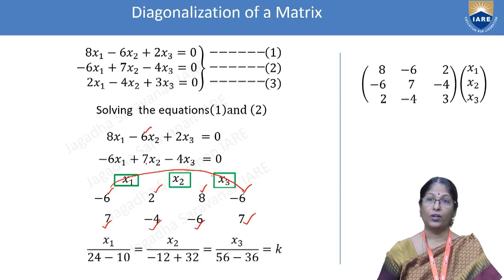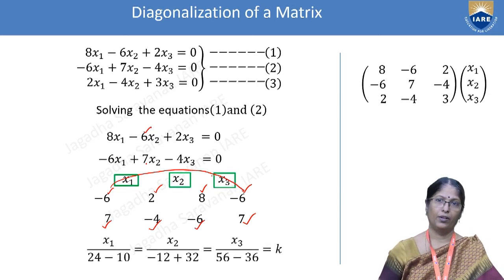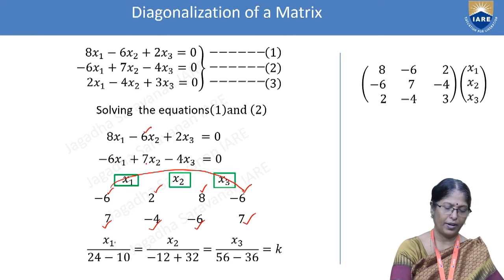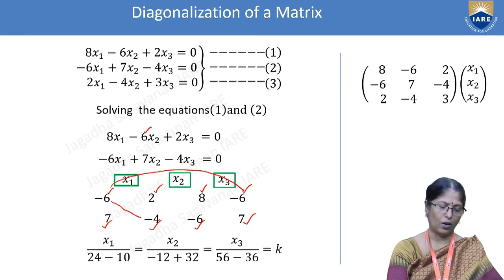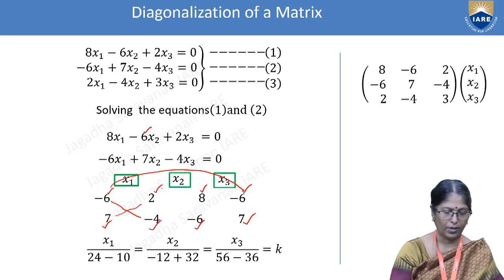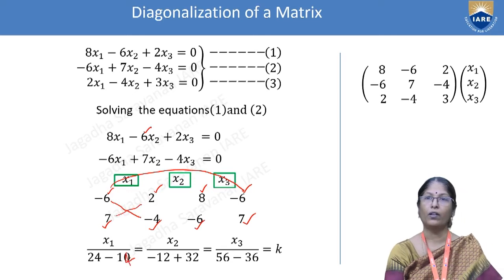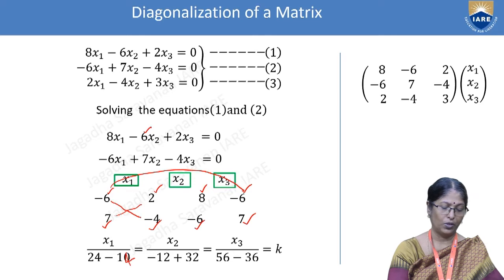We will do the cross multiplication. That is x1 divided by this cross value: minus 6 into minus 4, 24, minus of this cross. Sorry, it is written 7 twos are 14, it should be.